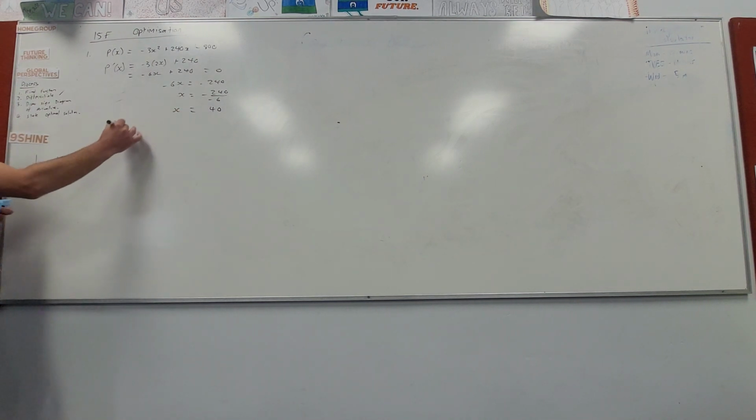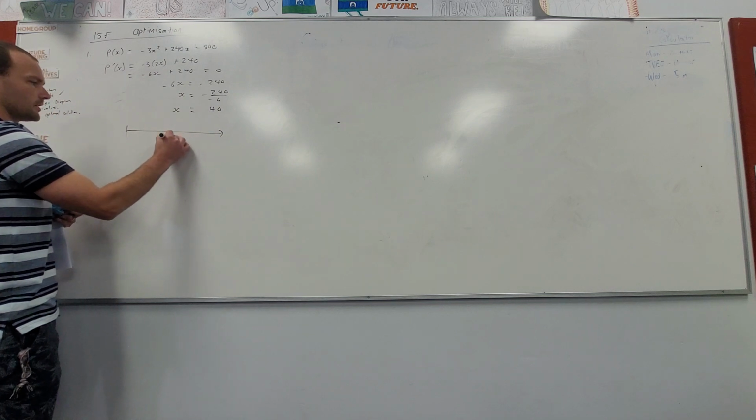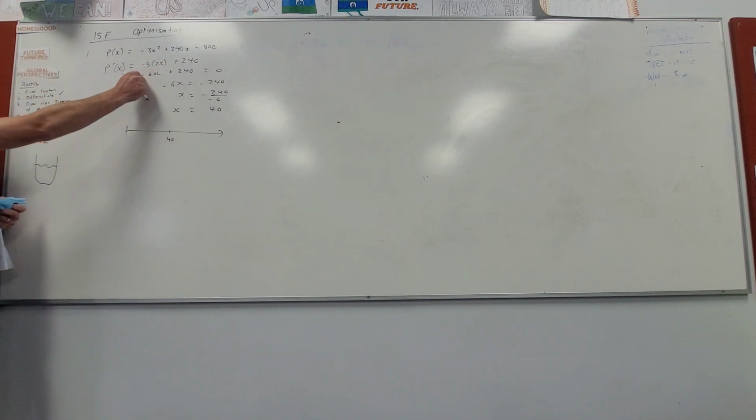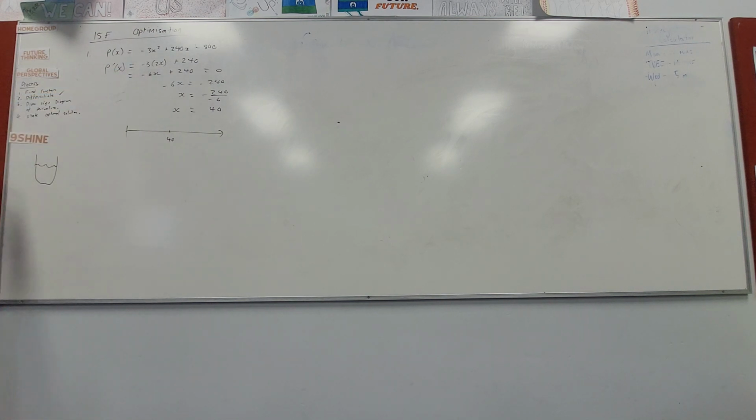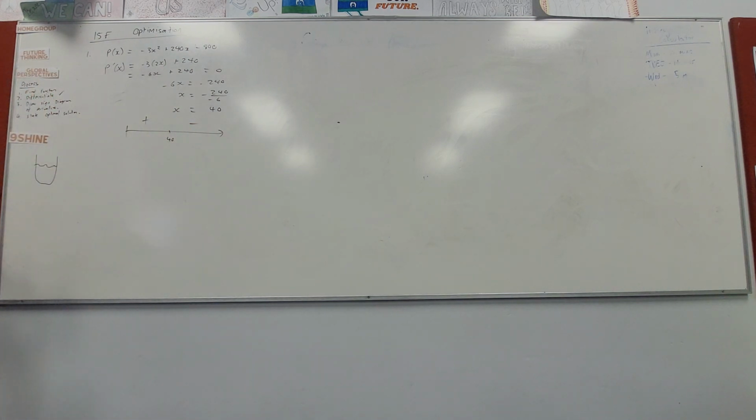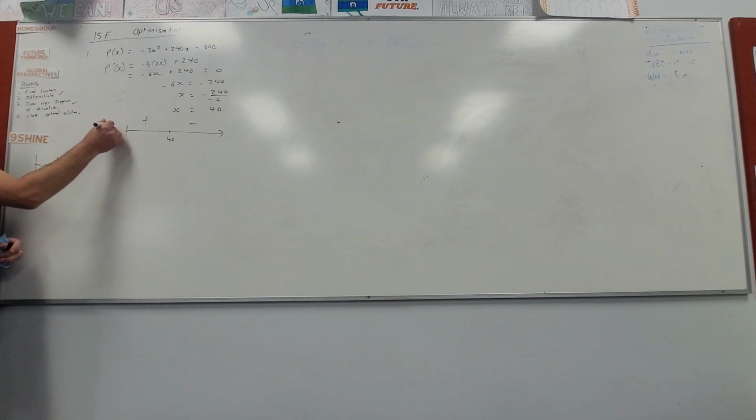That's the root. So here's 40. And this is the equation of a line, but this time it has negative slope, which means it's going down. So that means it's coming from above the x-axis to below the x-axis. All right, so we've drawn the sign diagram of P dash of x.